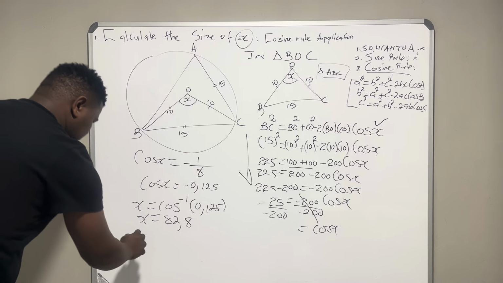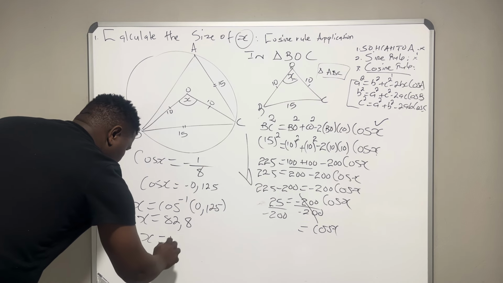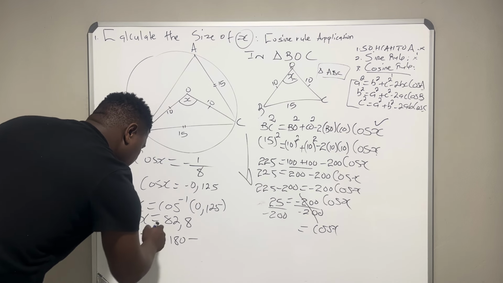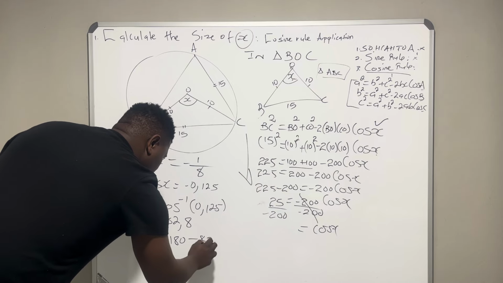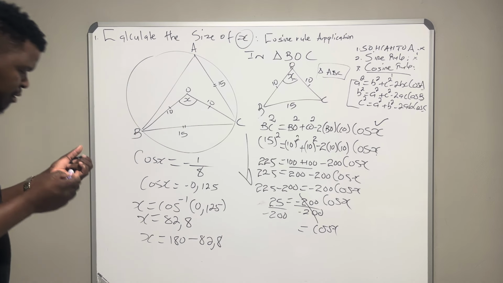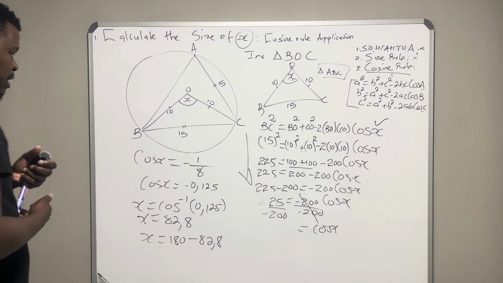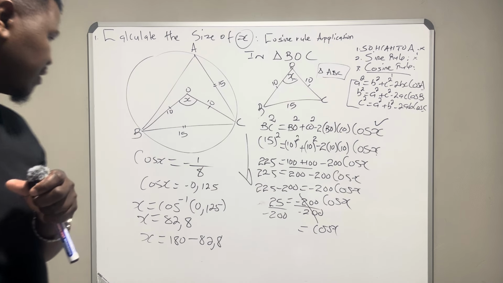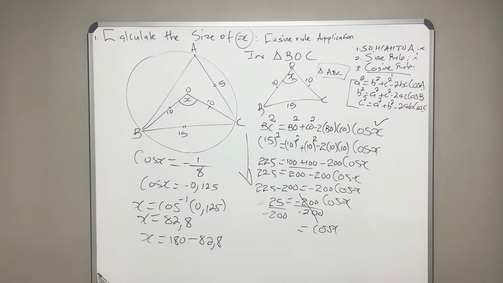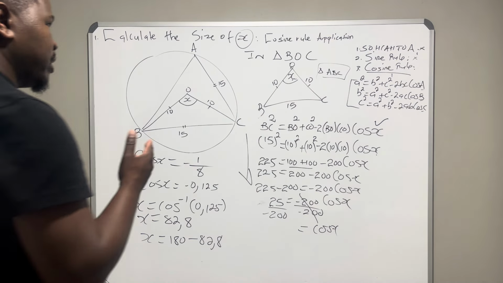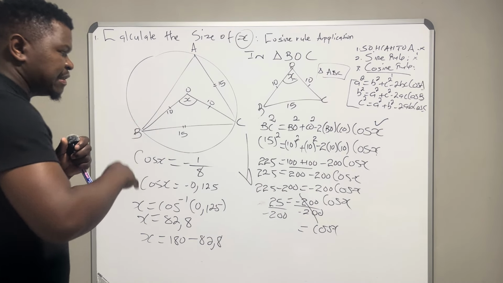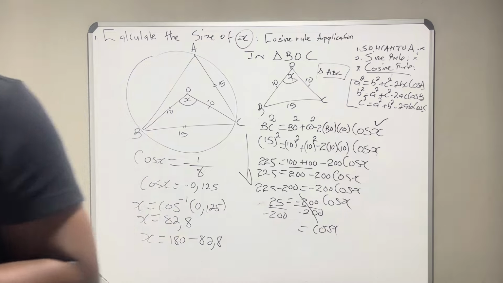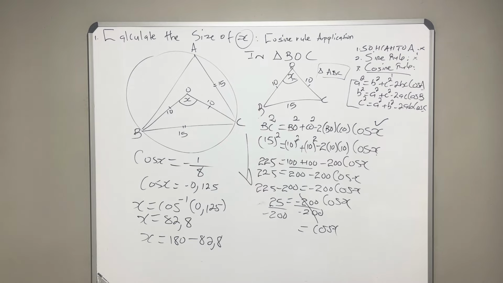So the second quadrant is where we've got 180 minus 82,8. Obviously, we follow the trigonometric equations general solution. Cos is negative in the second quadrant, and in the second quadrant, that's where we have the reduction of 180 minus. So that's why we have to proceed and write that information.